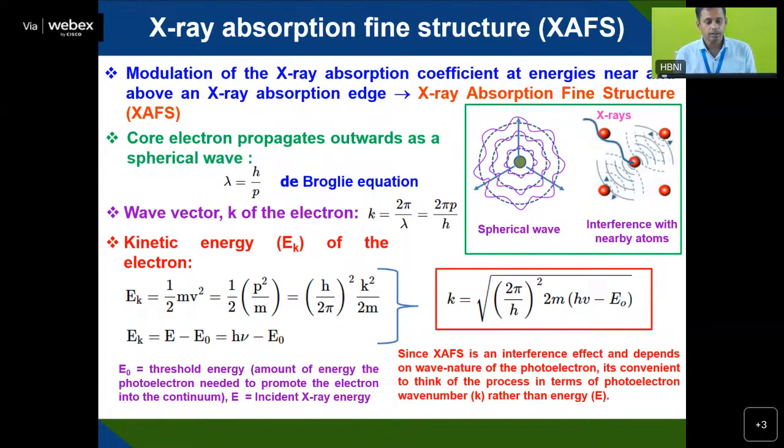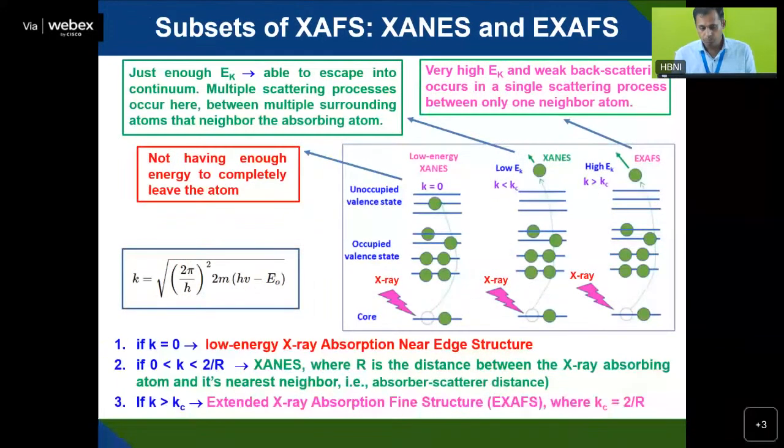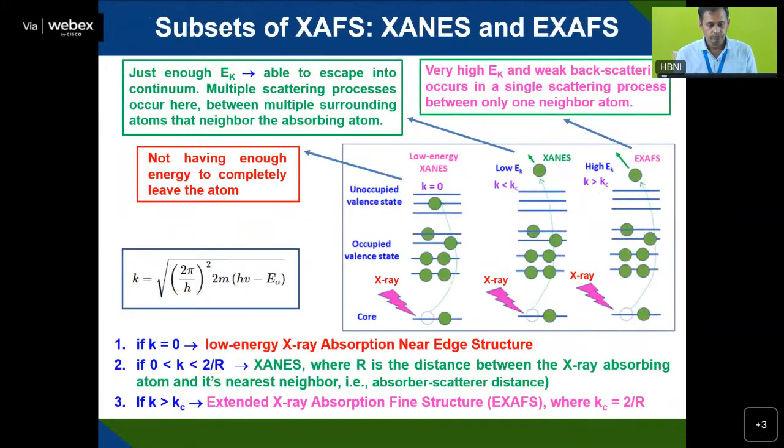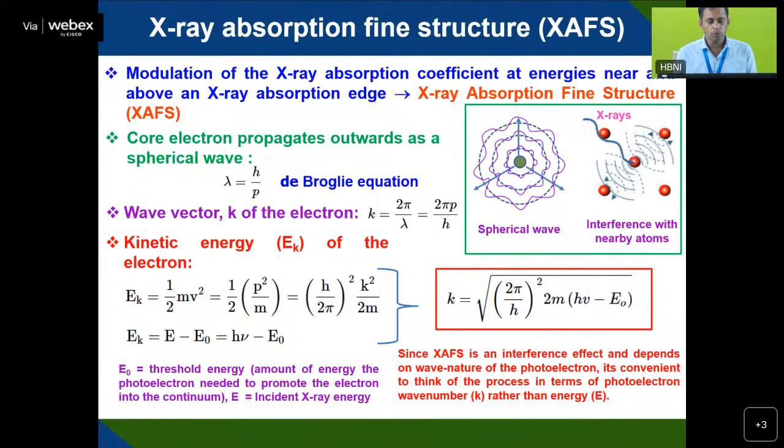So this is simply the modulation of the X-ray absorption coefficient at energy near and above the X-ray absorption edge. Like for the K shell, you are getting an absorption like this here. This is the absorption zone, the energy near and above the absorption edge.